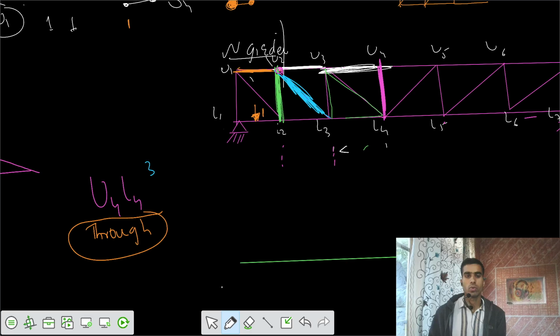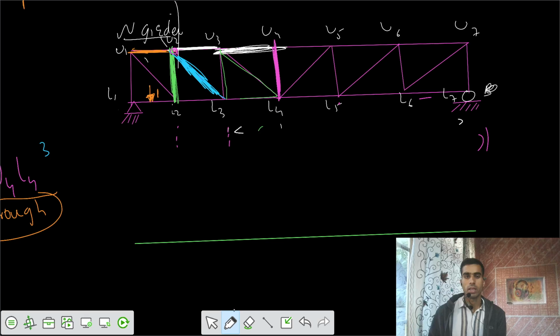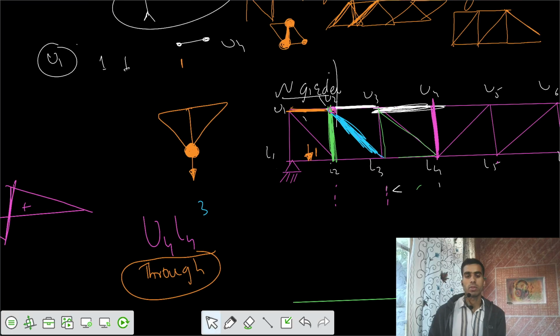Let's write loading is through type. Let's see what the ILD for that is. You take the triangle, then the load. What is the critical location of the load? I would say the load location is this one. This is the critical load location for the vertical member. So this is different from these diagonal members.